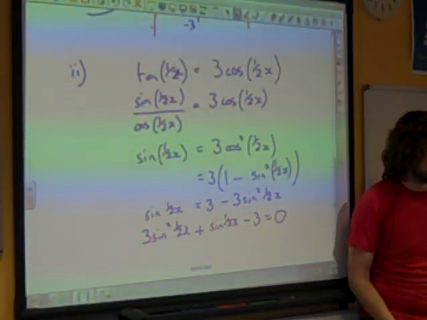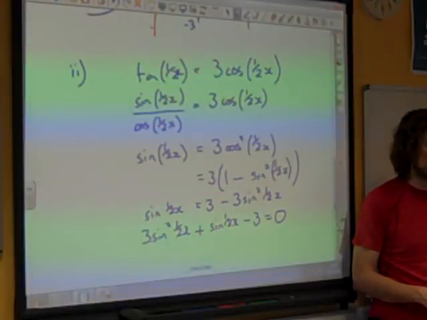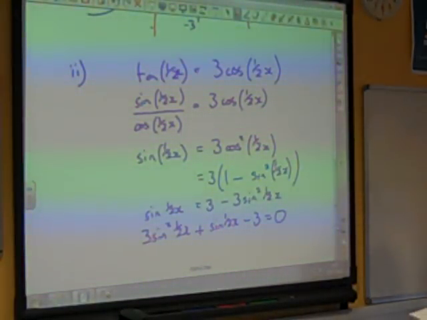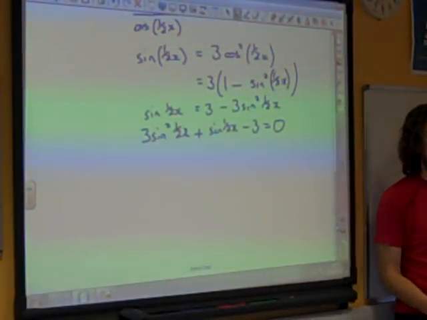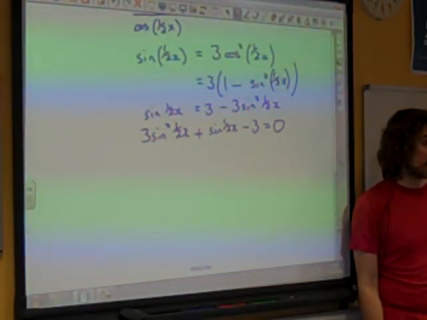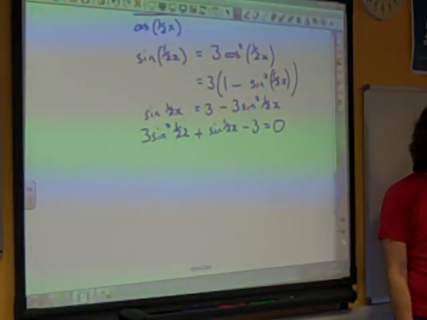So we need to solve this for x in the range minus 2 pi to 2 pi. How many times are we going to use the word quadratic today? Which is a quadratic equation again. It's a quadratic in terms of sine of half x.